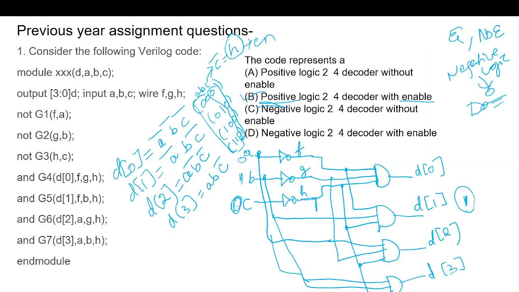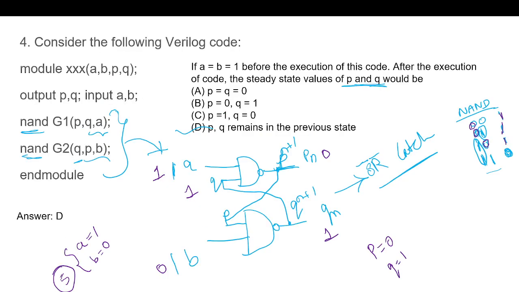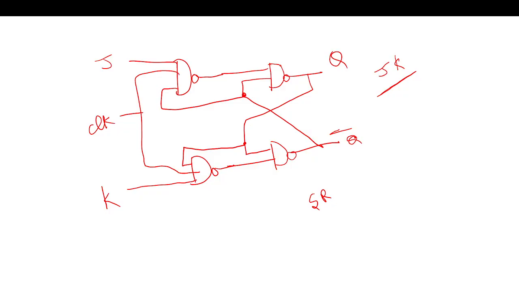But here, if I am enabling it and both are 0, this will be 1 and this will be the previous state.